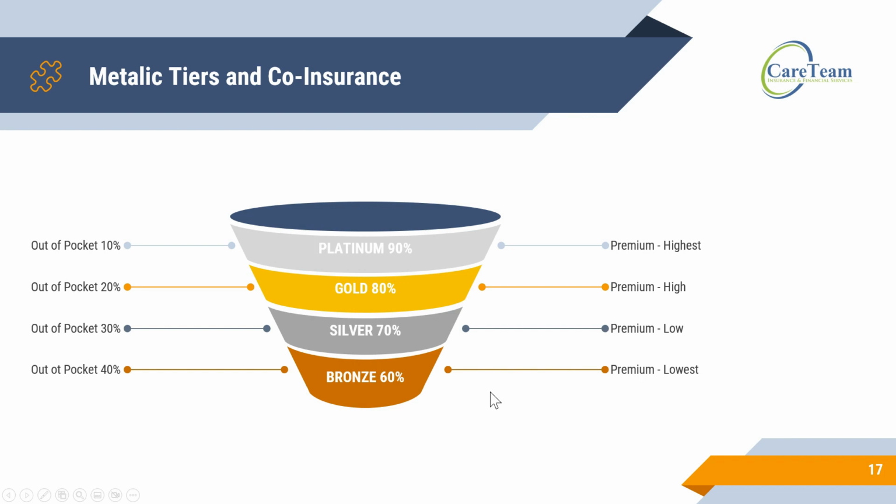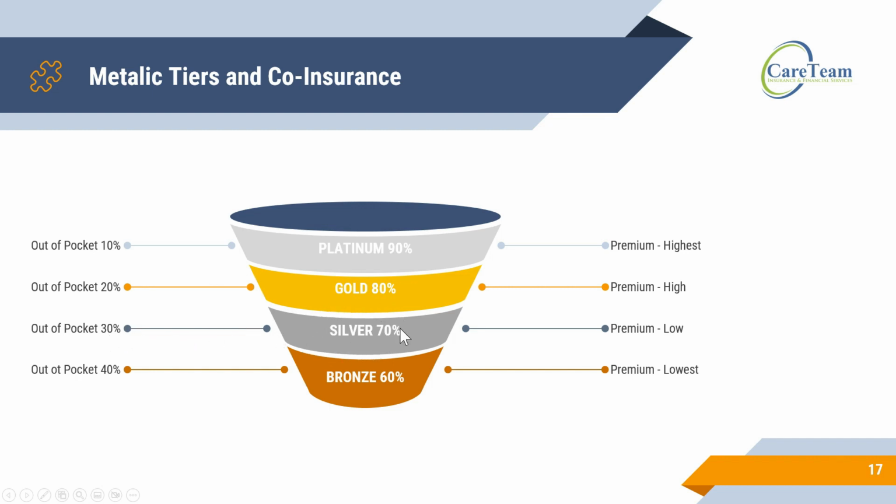So in this chart right here, even though there's hundreds of plans that are out there, if a plan is under the gold category, what it boils down to is that 80% of the bill is going to be covered by the insurance company, 20% by the individual. If they take silver, 70% by the insurance company, 30% by the individual.